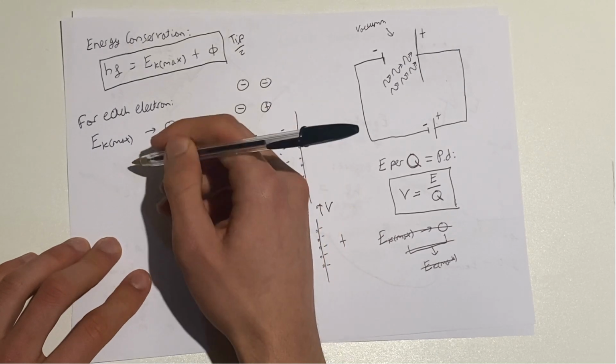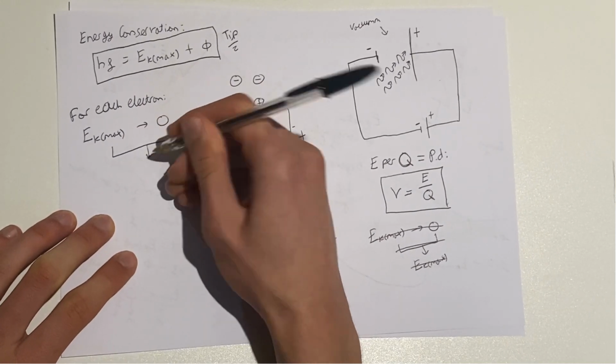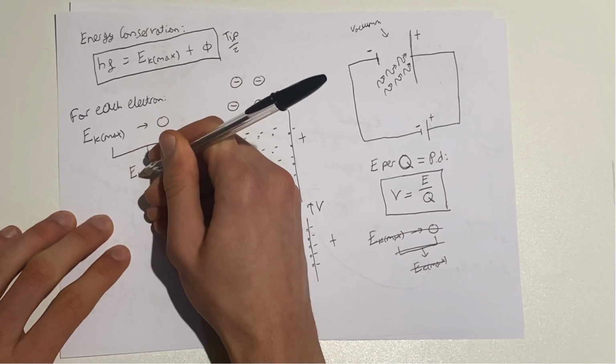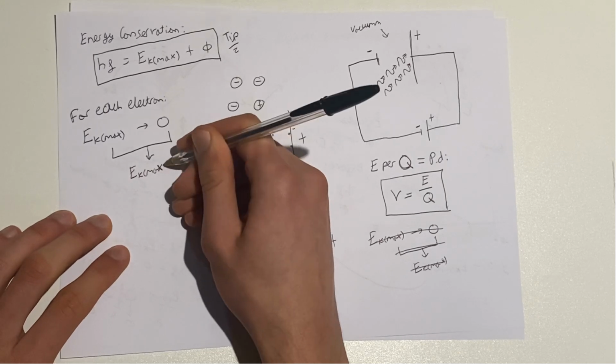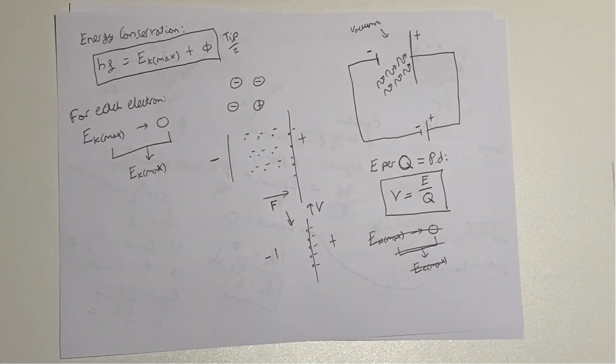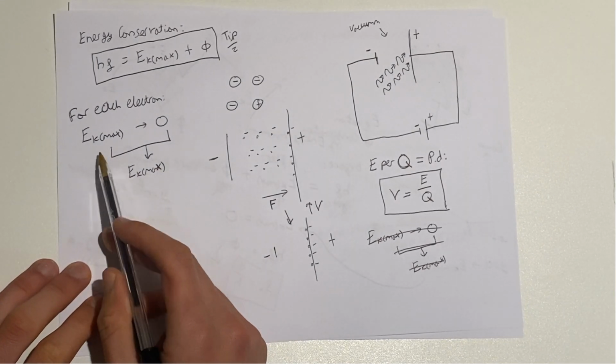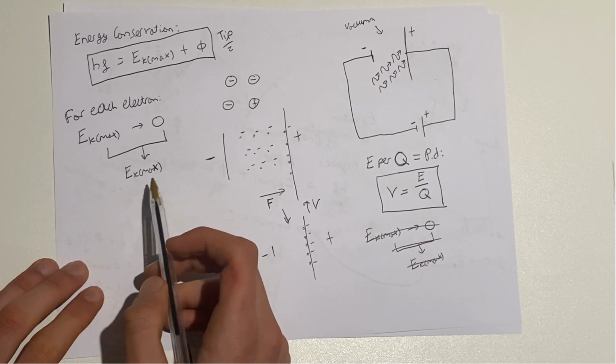We would just need the difference in energy between the maximum kinetic energy of the electrons and zero kinetic energy, which is just negative EK max, or the same energy that these electrons with the highest kinetic energies have. This is negative because we are applying this energy to slow them down.